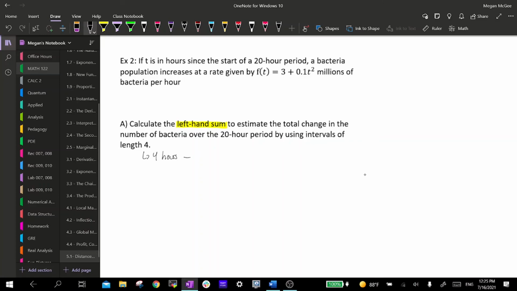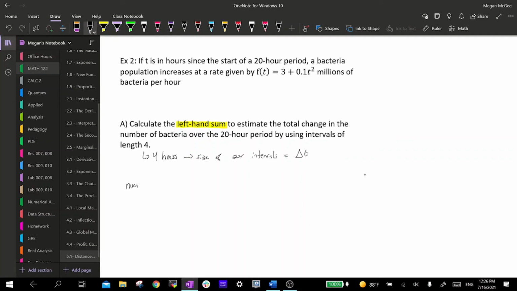This is the size of our intervals. In our first example, we were looking at intervals of length 2. Here we're looking at intervals of length 4. So how many intervals do we need? In this case also, this is delta t, the change in t, right?